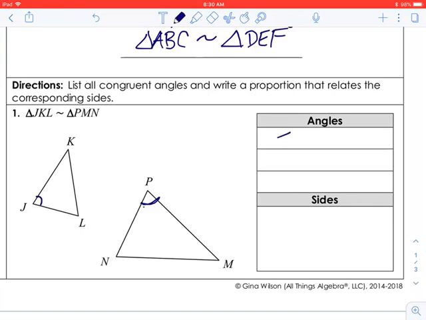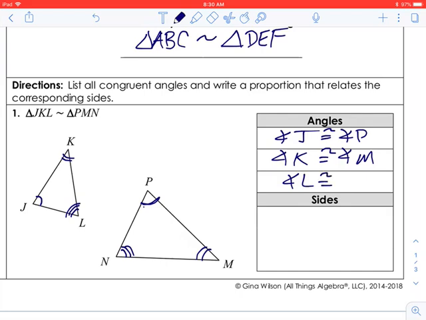So angle J is congruent to angle P. K is second, M is second. So angle K is congruent to angle M. And then finally the third one, L and N. So angle L is congruent to angle N.